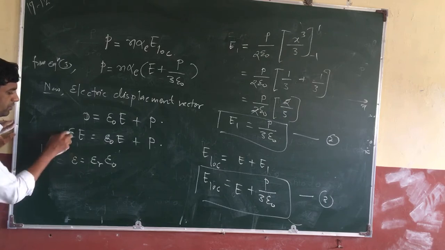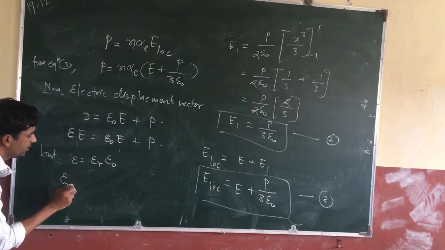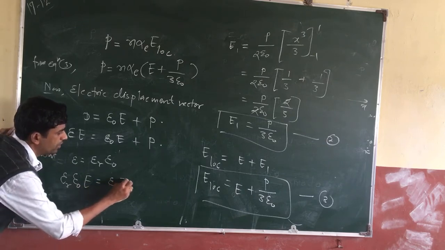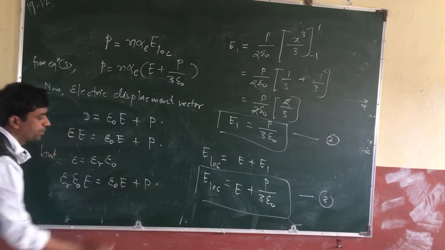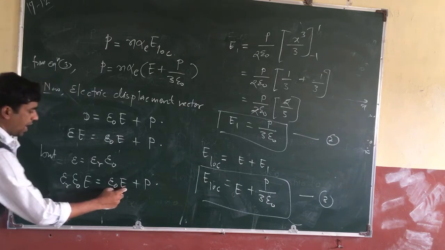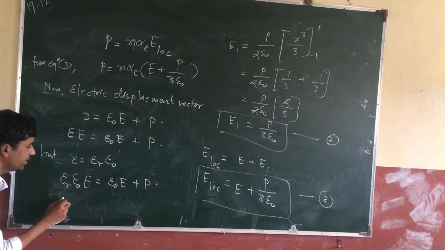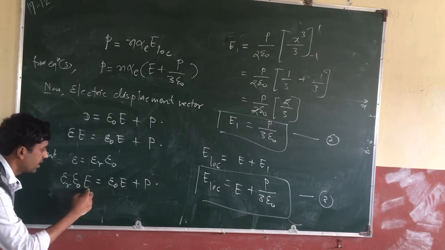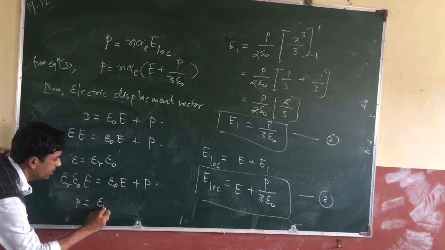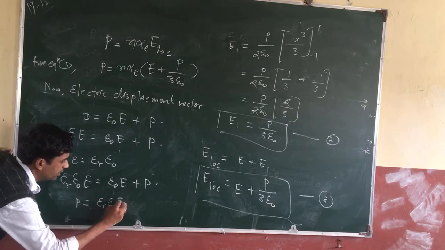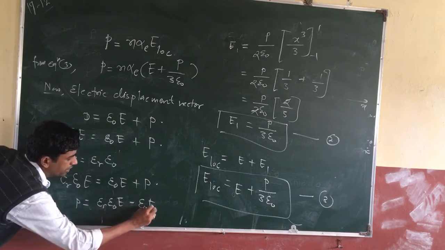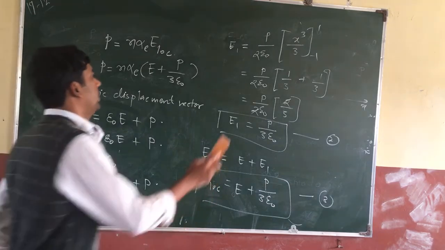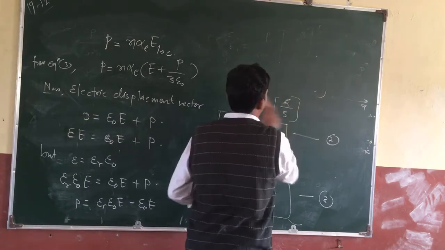If you substitute this, you will get epsilon R epsilon naught E is equal to epsilon naught E plus P. If I take this on this side, this gives P is equal to epsilon R epsilon naught E minus epsilon naught E. So from this equation you will get the value of P.